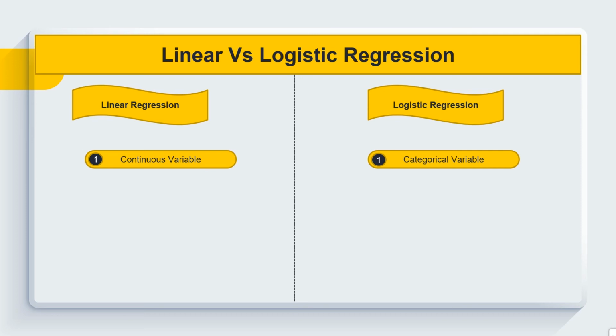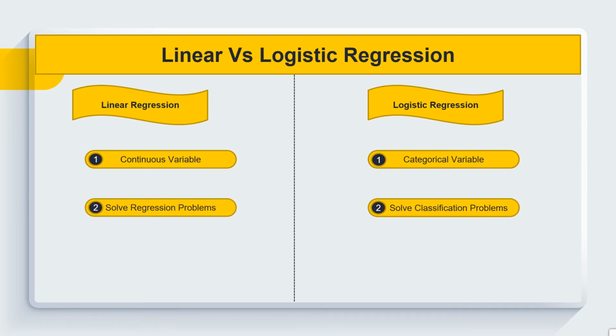It should be either 0 or 1, or should have just two values. For example, whether it is raining or not, whether it is humid outside or not, whether it is going to snow or not. So these are a few examples where the values are discrete, and you can just predict whether this is happening or not.